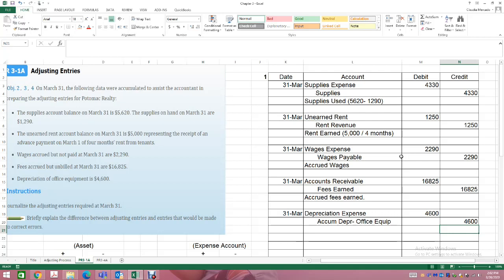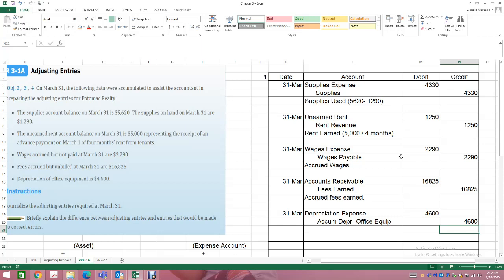You will always credit the corresponding accumulated depreciation account, whether it's office equipment or equipment or whatever account it is. Accumulated depreciation will always be credited, and depreciation expense will always be debited.